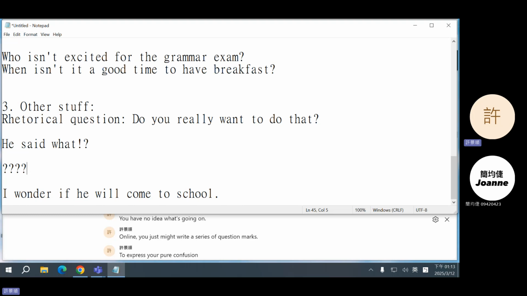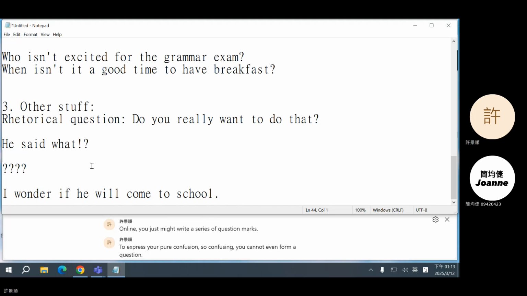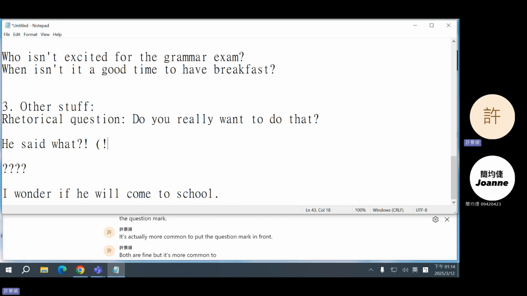So confusing you cannot even form a question. I should also say, if you use an exclamation point and a question mark, it's actually more common to put the question mark in front. Both are fine, but it's more common to put the question mark in front of the exclamation point.